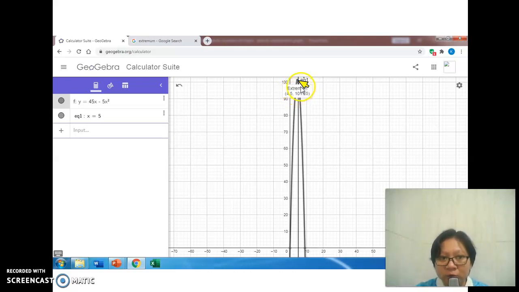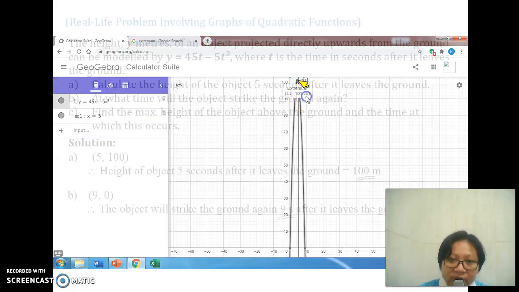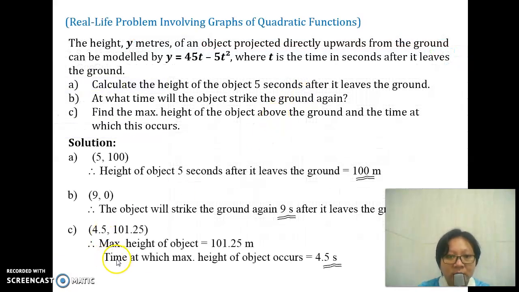GeoGebra uses the word extremum, which can be maximum or minimum, or in other words, the turning point. The turning point is 4.5, 101.25. So the maximum height is the y coordinate, 101.25 meters. The time is the x coordinate. The time at which the maximum height of the object occurs is 4.5 seconds.